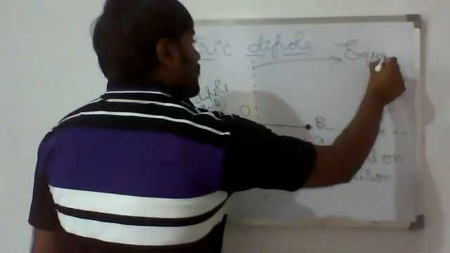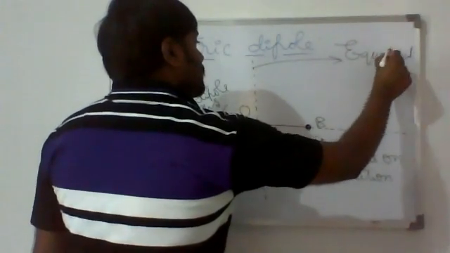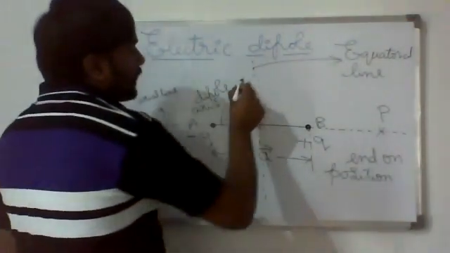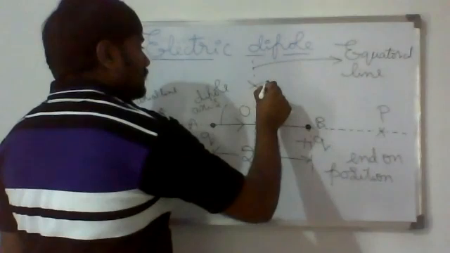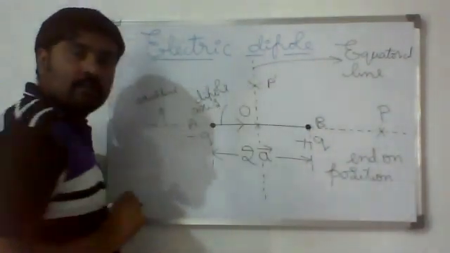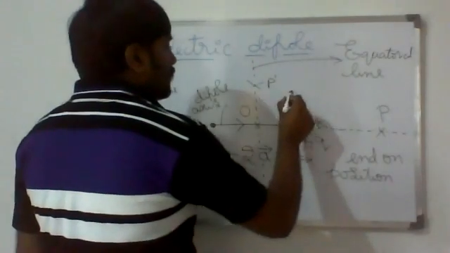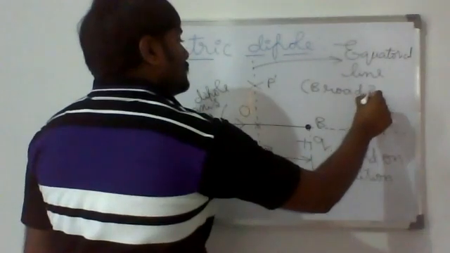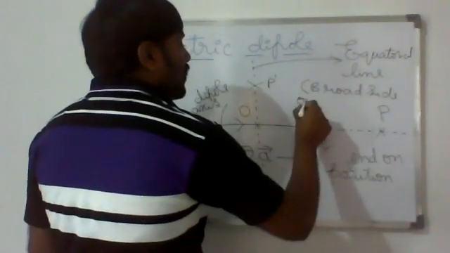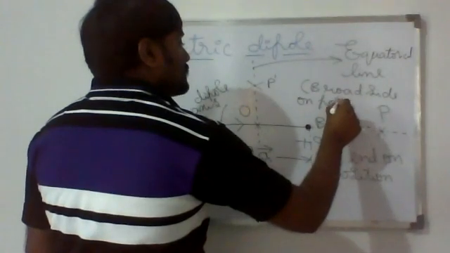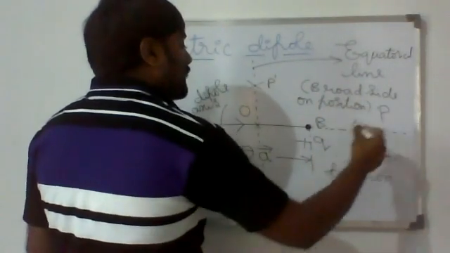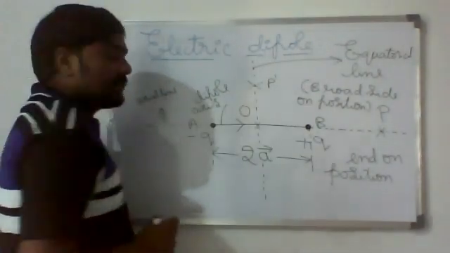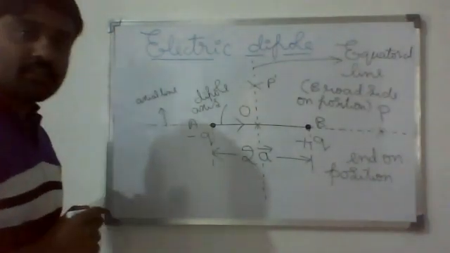And the point on the equatorial line, the point P dash, is called the broadside on position. Point on axial line is end on position. Point on equatorial line is broadside on position.